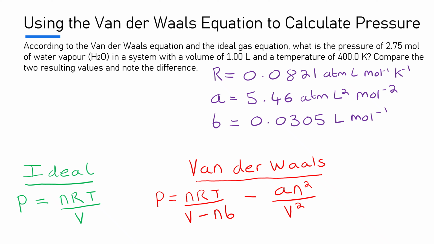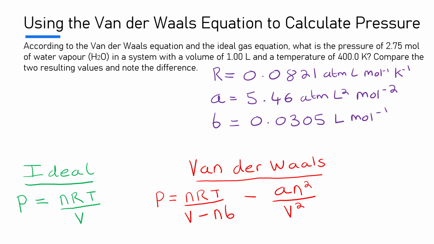So the value for established constant A, the value that signifies the intermolecular attraction or repulsion between water molecules, to three significant figures with units from unit combination 2 is 5.46 atmospheres litres squared per mole squared. The value for established constant B, which signifies the volume of the water molecules themselves, to three significant figures is 0.0305 litres per mole.